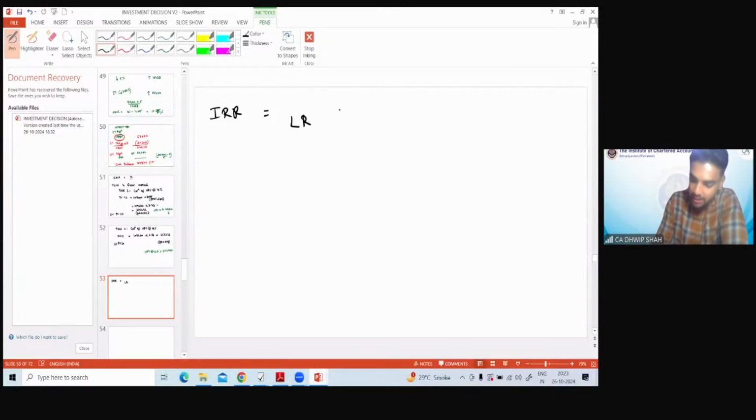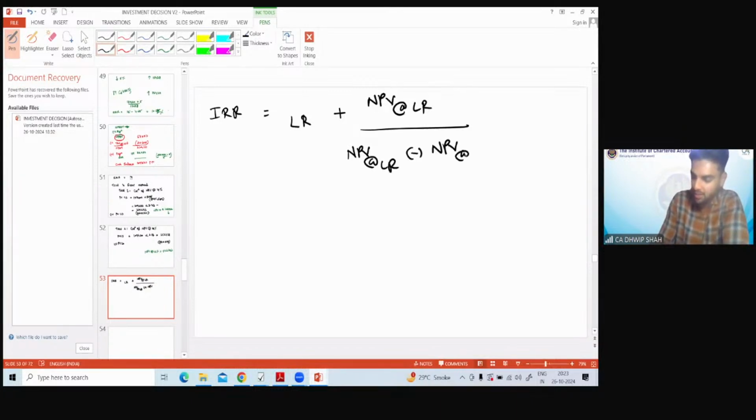IRR is lower rate plus NPV at lower rate divided by NPV at lower rate minus NPV at higher rate, the whole multiplied by higher rate minus lower rate.